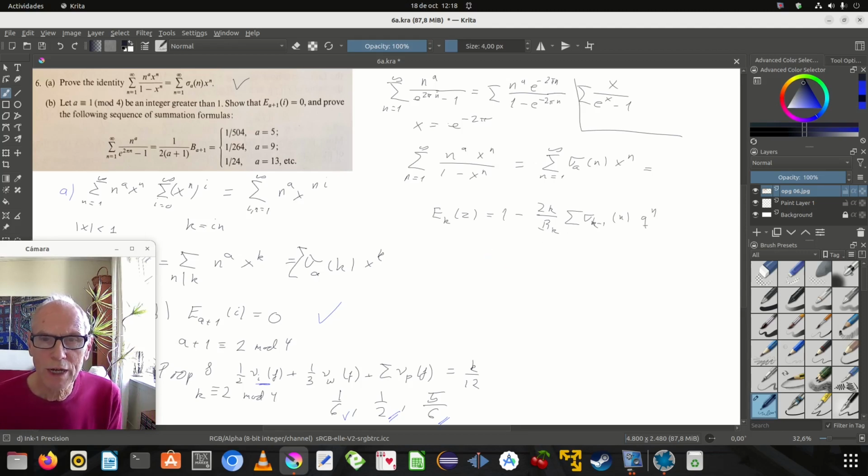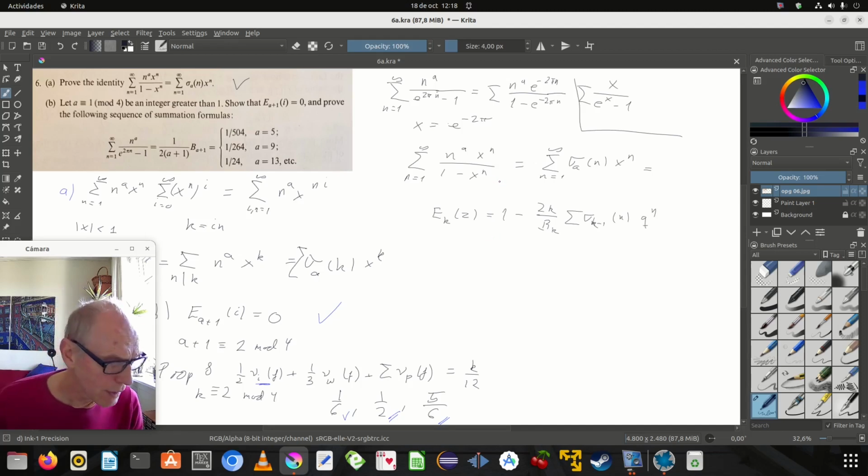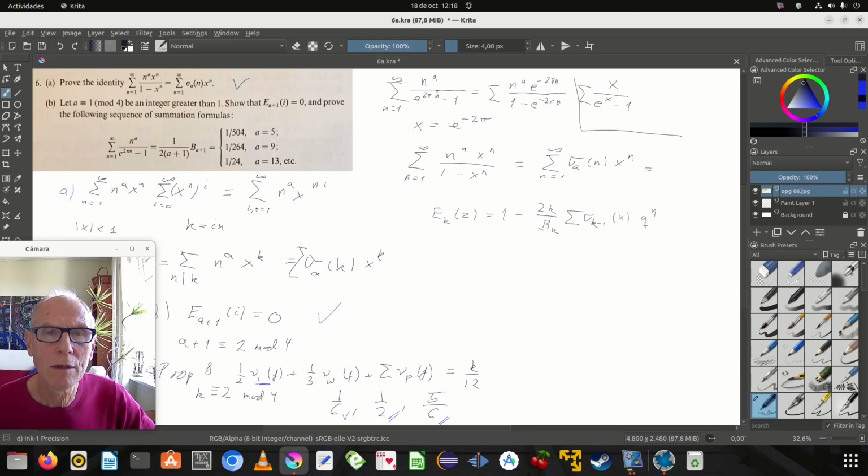So we isolate this. But then it's a function of z. What happened to that? Oh, I didn't finish this.